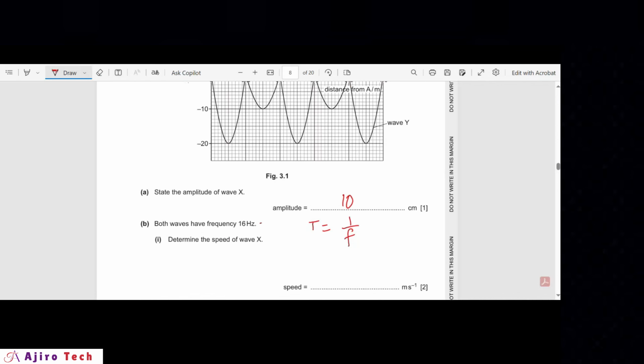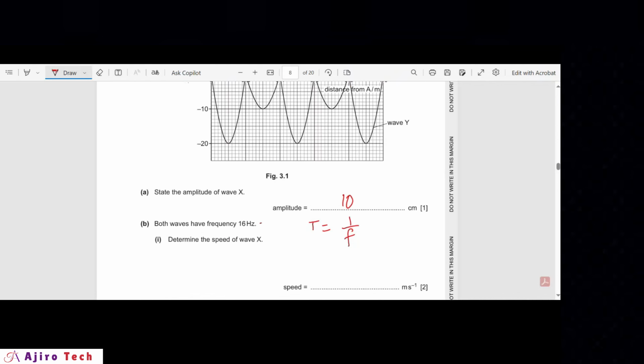Why do I say so? That means they're coherent. When two waves have the same frequency, they have a constant phase difference. And when two waves have a constant phase difference, it means they are coherent. Coherent waves are waves with constant phase difference. So that's what we know.